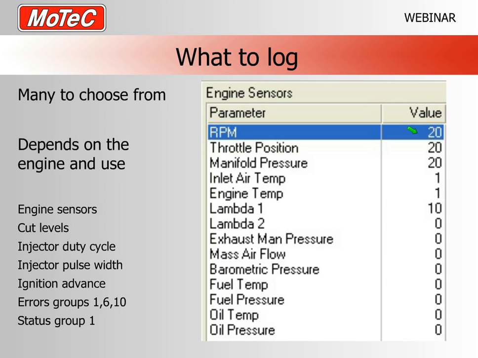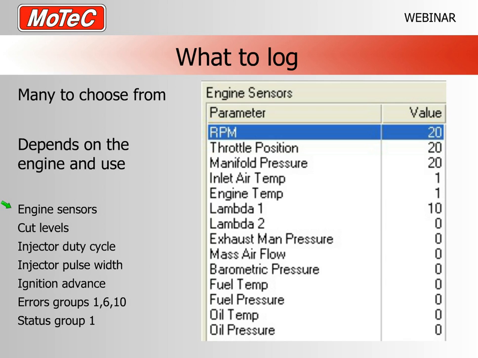Or is this a long distance race that's going to last for most of the day? So you'll compromise on the things that you will log and the speed that you will log them at, depending on the use of the engine. Now, if this engine has drive-by-wire, then we probably should log some drive-by-wire sensors, stuff relating to electronic throttle. If it doesn't have it, then why log it?